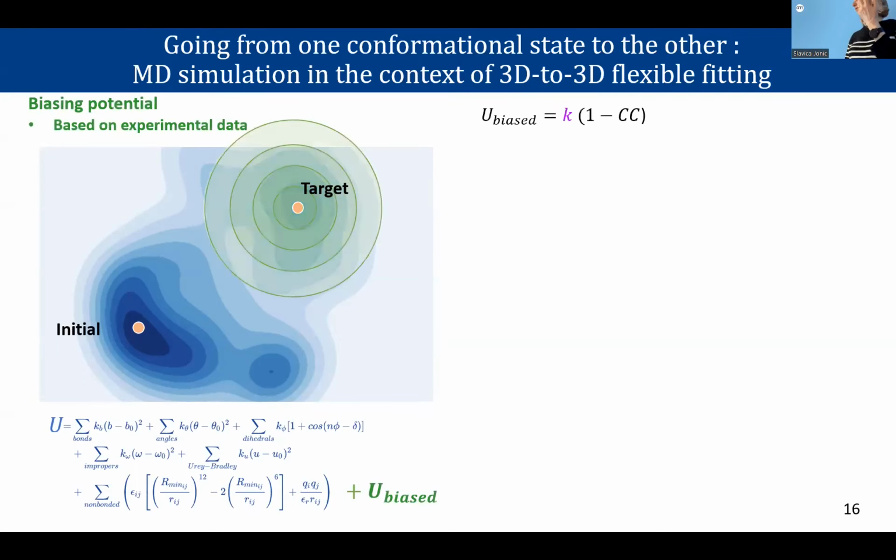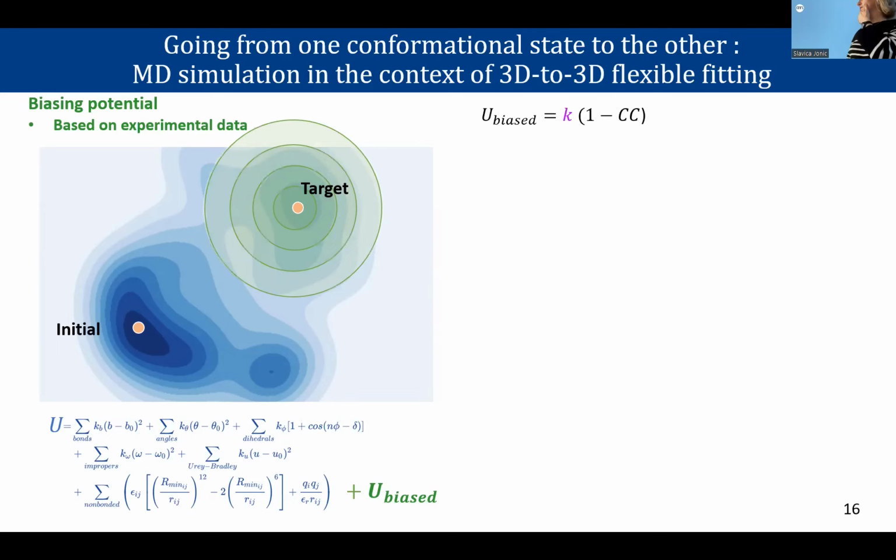So how does this work? Here is how you bias the simulation to go from this initial state to the target. The target is the state that is contained in your experimental data. Typically in this context, the target is the 3D reconstruction from cryo-EM, what we call the cryo-EM map.